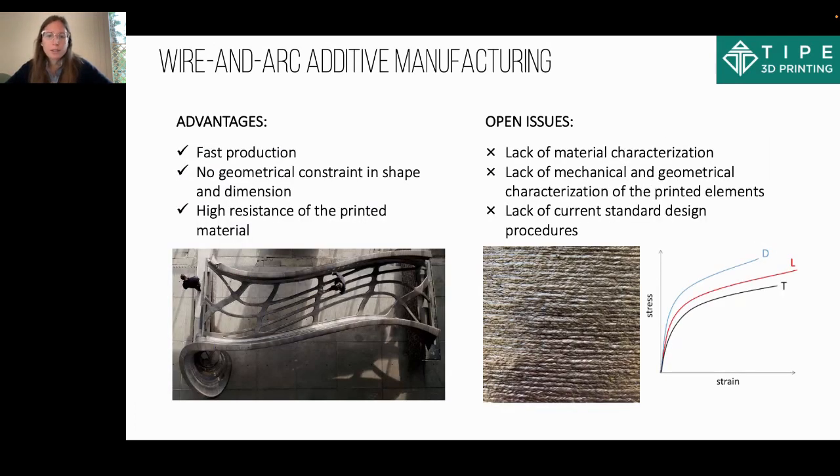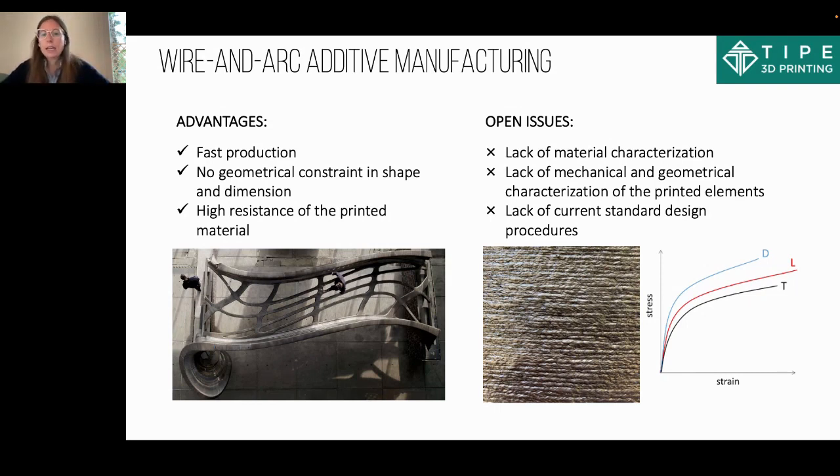Of course, there are many pros and cons, as for everything, and especially for additive manufacturing. But in this case, for metal additive manufacturing in construction, the advantage of wire and arc is having a fast production and ideally no geometrical constraints, as it's not located within a box.